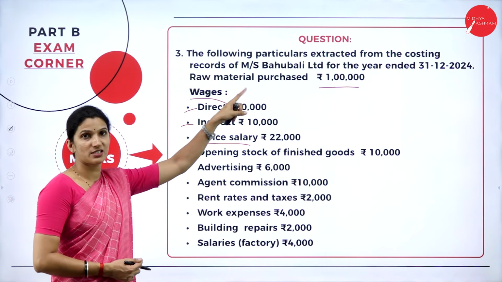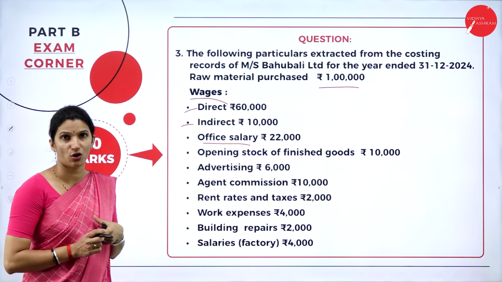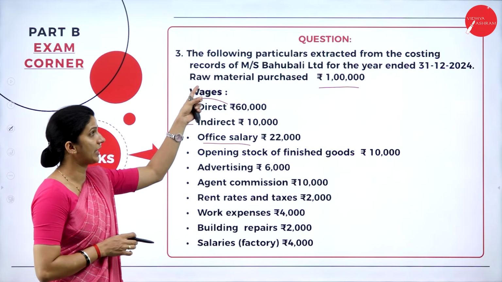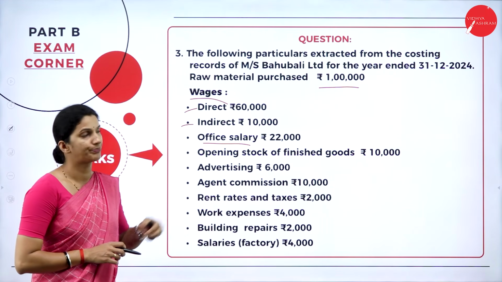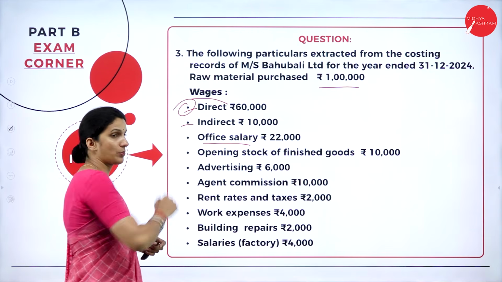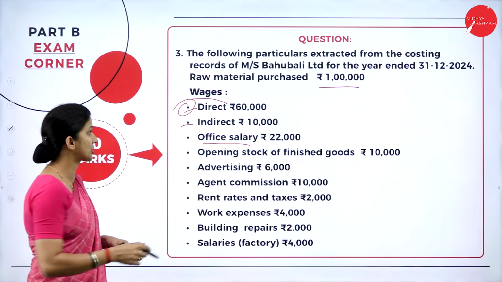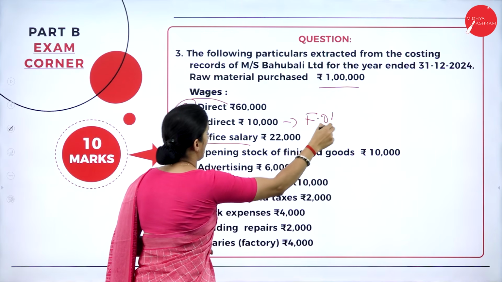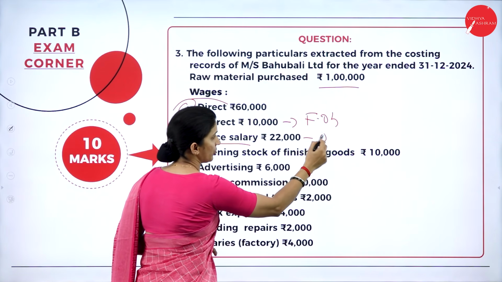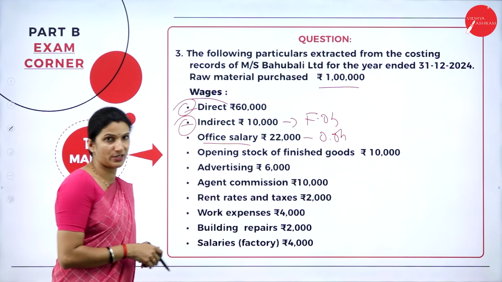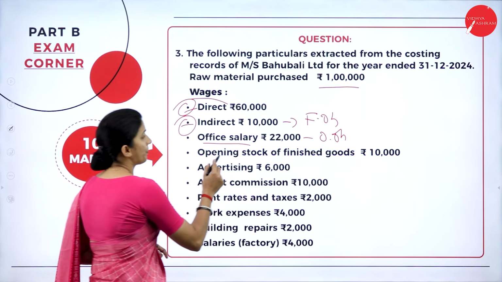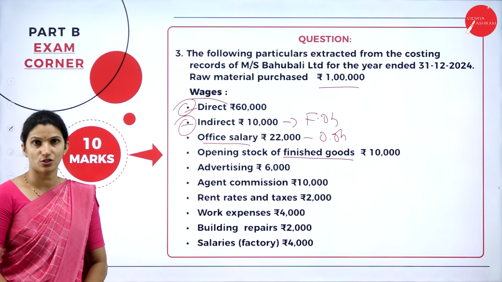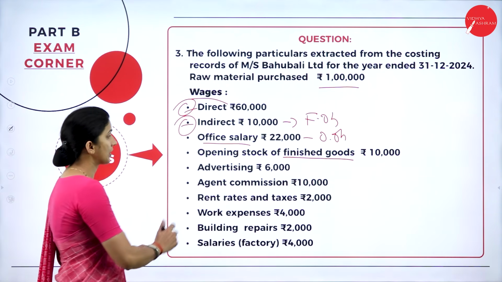Raw material purchase means the first element in your cost sheet, that is direct, the cost of material consumed. There you will take the purchase of raw material. Wages, your direct wages, are the second element in the cost sheet. Indirect wages you will write under the factory overhead. Office salary you will write under the office overhead. Then opening stock of finished goods, which you will adjust after your office and administration overhead.